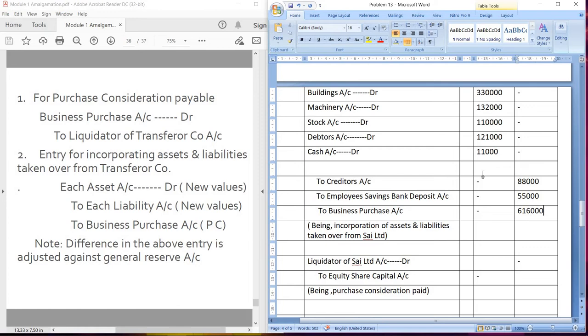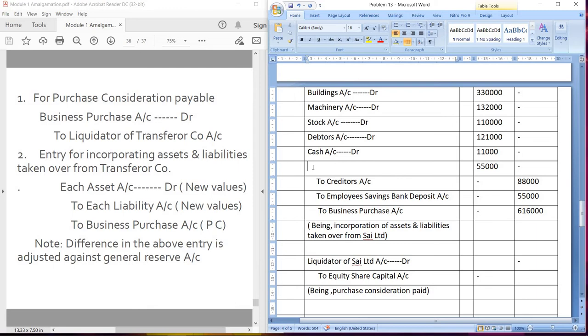So there is a difference of 55,000. Now this difference is on the debit side. So let me write down the difference here. Now what do we have to do with this difference? This difference is adjusted against the profit and loss account of the company.